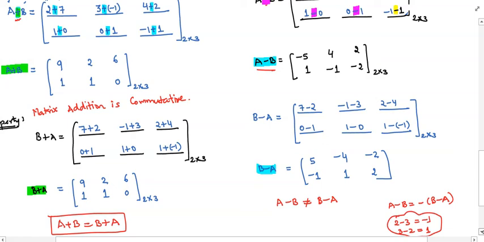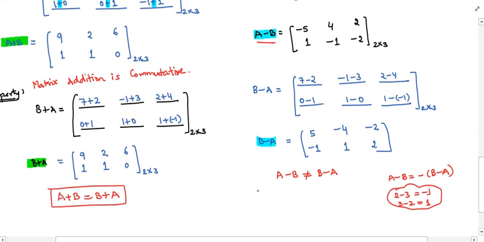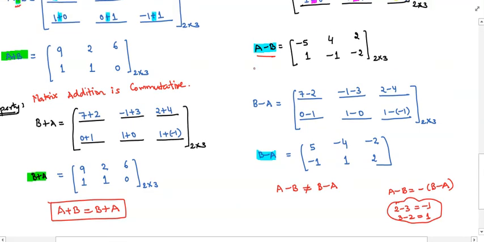So we see that matrix subtraction is not commutative. So here the property becomes matrix subtraction is not commutative. Okay, I hope it's clear.